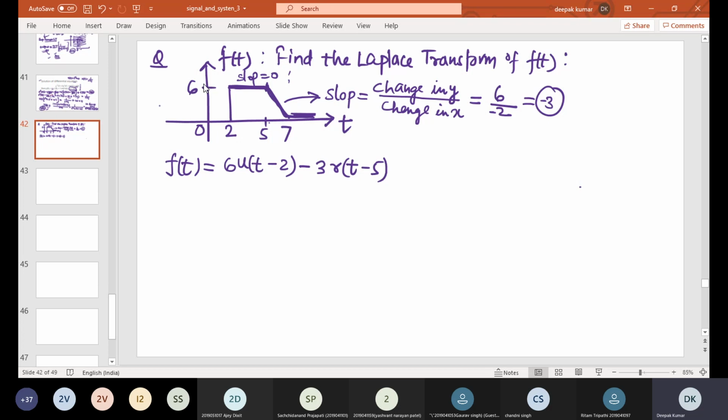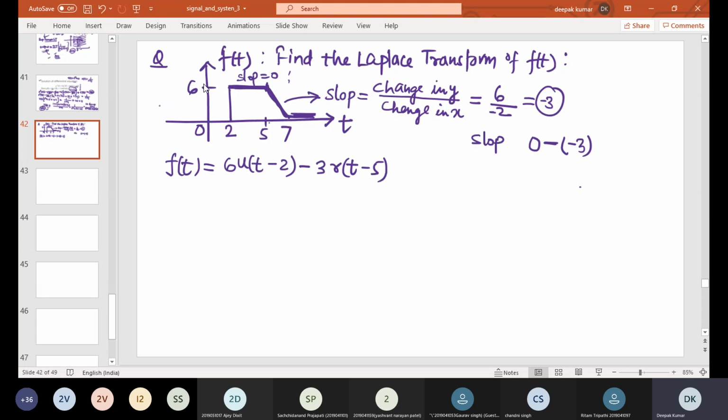The slope of the line after 7 seconds is 0. And the slope of this inclined line before the 7 second is -3. So the final slope is 0 and the earlier slope before 7 is -3.